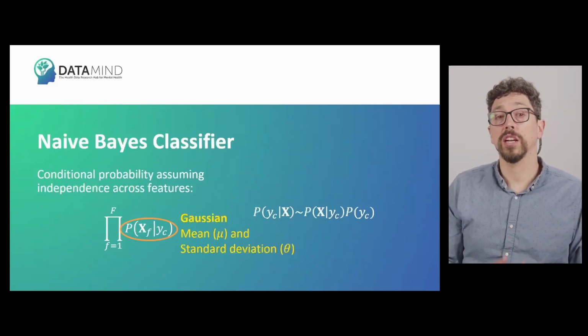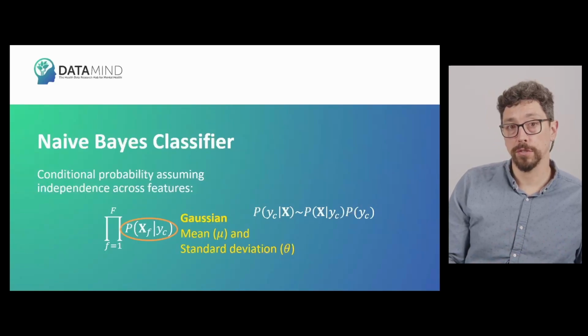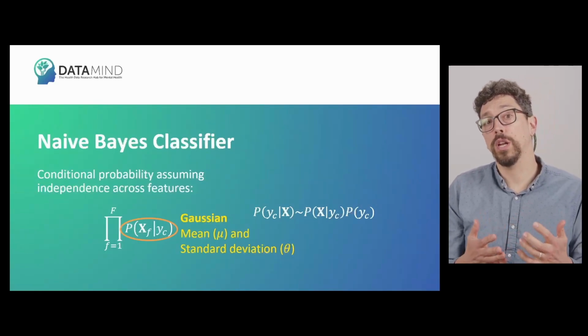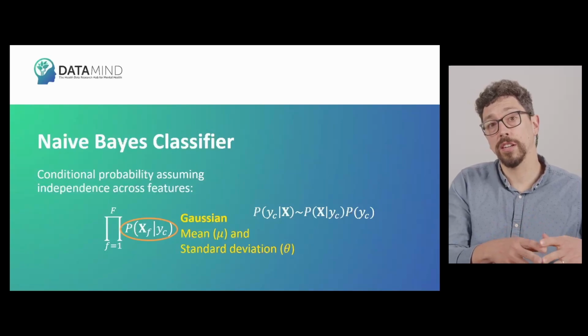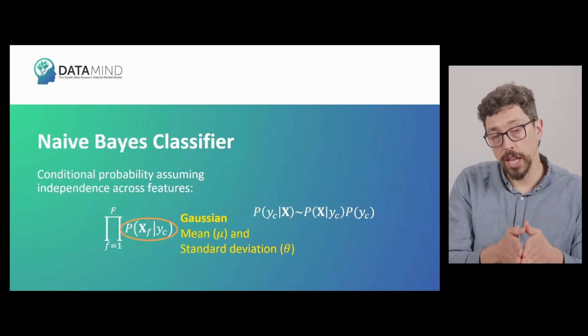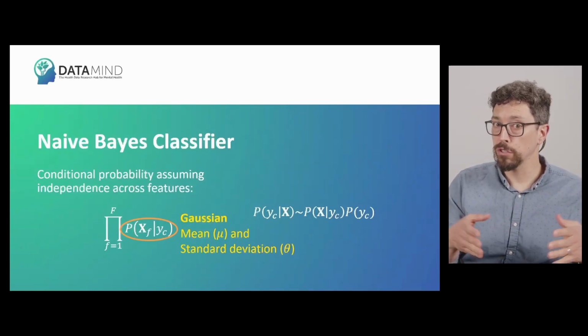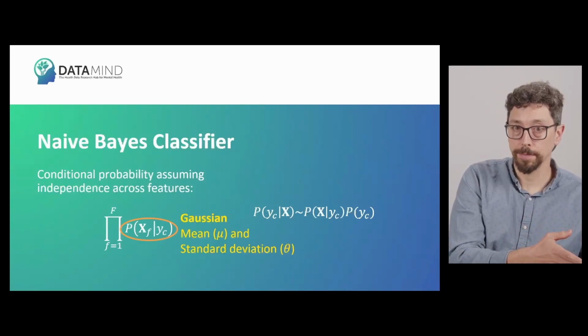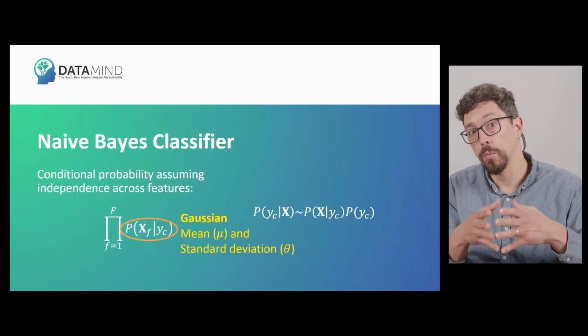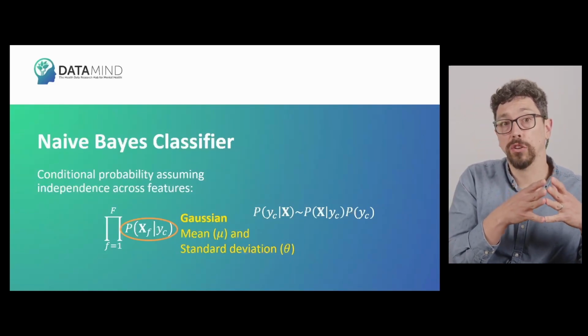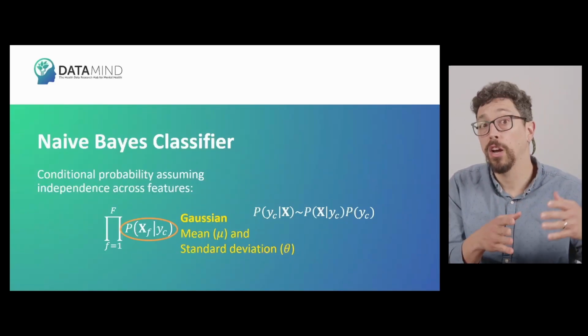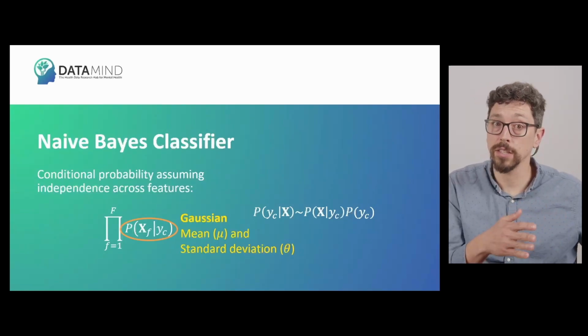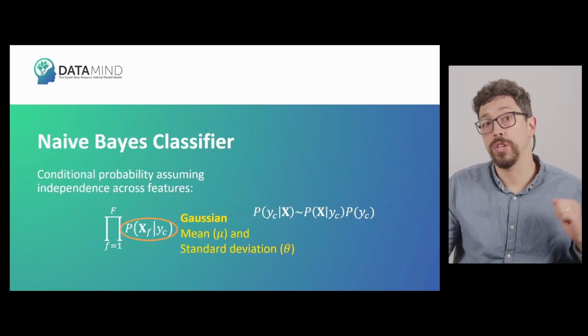Say we decide to follow a Gaussian distribution. In that case, the only thing we need is the mean and standard deviation for each of these distributions, that is, for each feature and each class. Because, as I said, what we are interested in is the conditional probability given each of the classes and for each of the features.